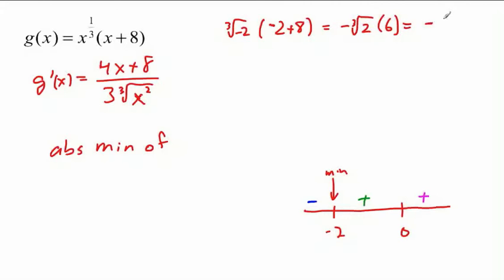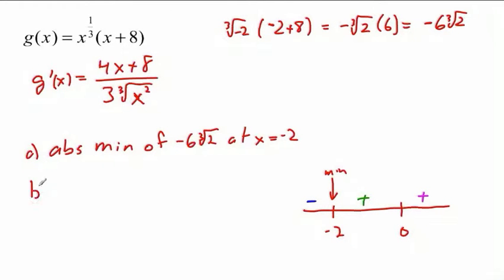So it's actually going to be -6 cube roots of 2. So that is going to be my minimum. So I'm going to have an absolute minimum of -6 cube roots of 2 at x equals -2. Now, that is going to be A.